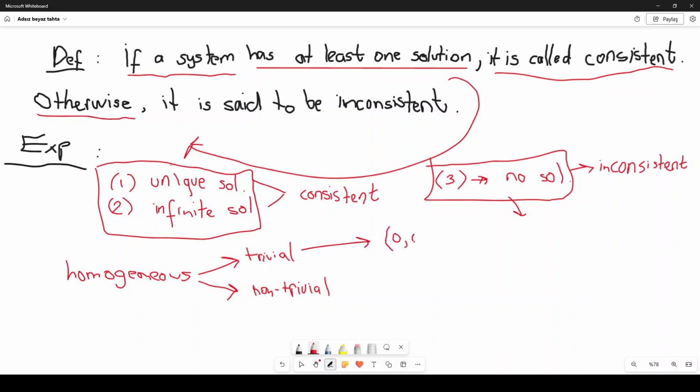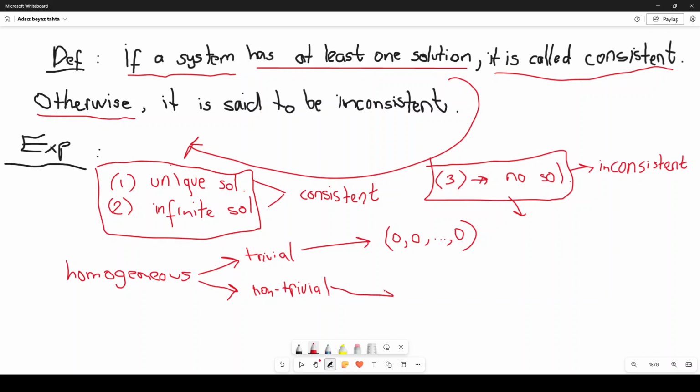The n-tuple that includes only zeros is called the trivial solution, because when we put these values in our equations, all the left-hand side values are equal to 0 and all the right-hand side values are equal to 0, and 0 equals 0 is satisfied for any coefficients. So we have at least one solution.